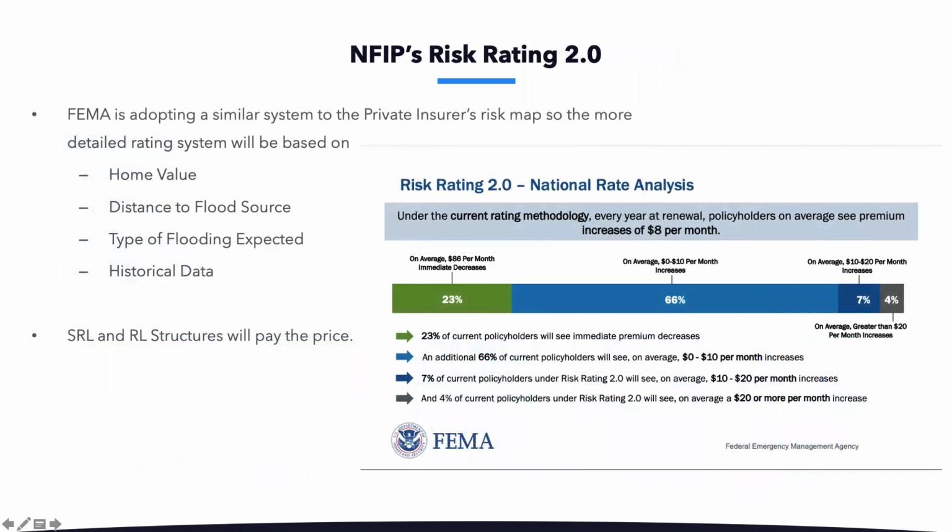Now, Risk Rating 2.0, for anybody that has ever bought a home in the floodplain, or has had friends own in the floodplain, have any idea about flood insurance, okay? The National Flood Insurance Program used to rate structures based upon an elevation certificate. So on that elevation certificate, it would identify the flood zone.